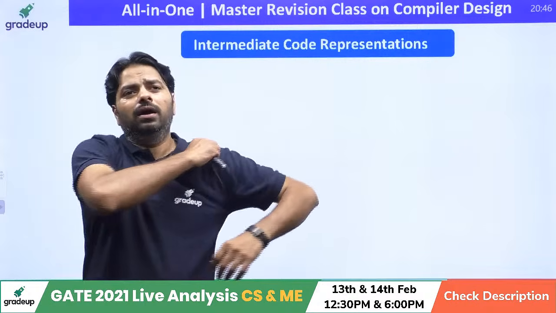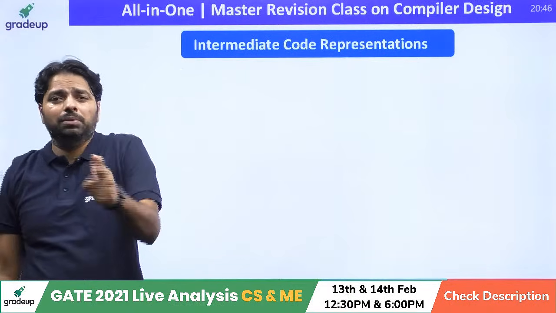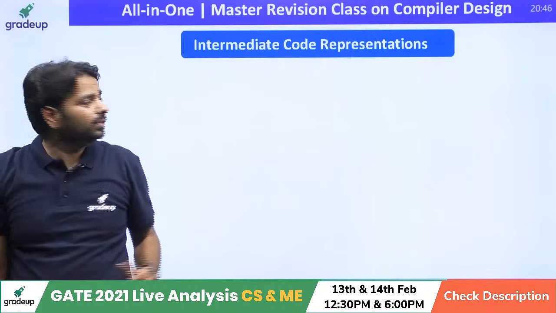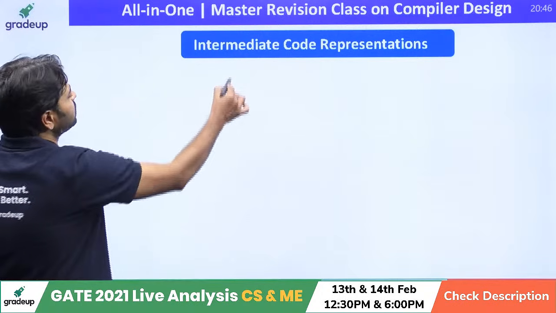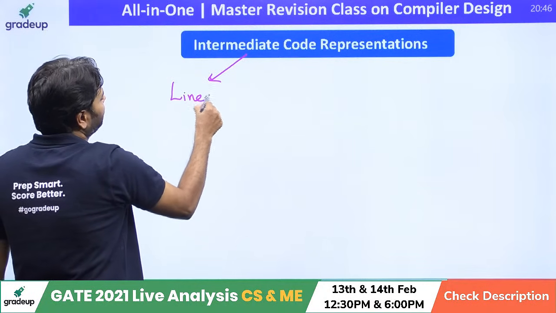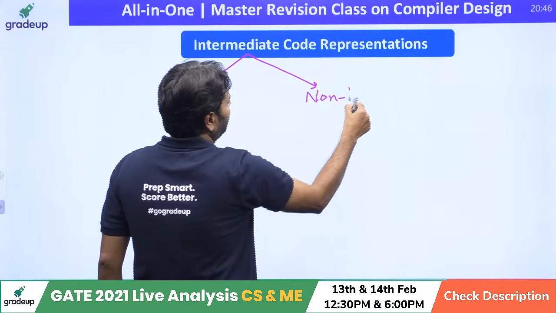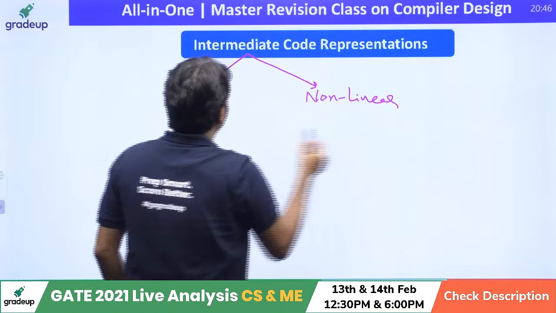Yes. Now let's come to the intermediate representation. I will try to give some of the code optimization examples, but I can't help you in depth. In intermediate code representations, you have two things: linear representation and non-linear. What is linear?